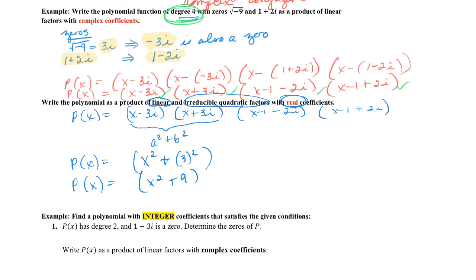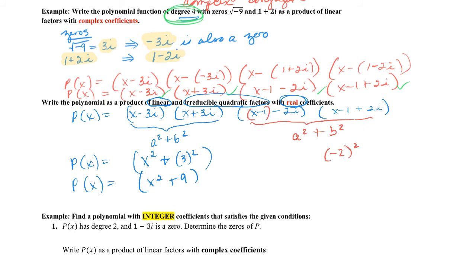(x minus 1 minus 2i)(x minus 1 plus 2i). So when I'm looking for a squared plus b squared, I need to determine what a is. Sometimes it's almost easier to start with what b is because b is so obvious. b is either 2 or -2. I'll say it's -2 this time. And then everything else is a.